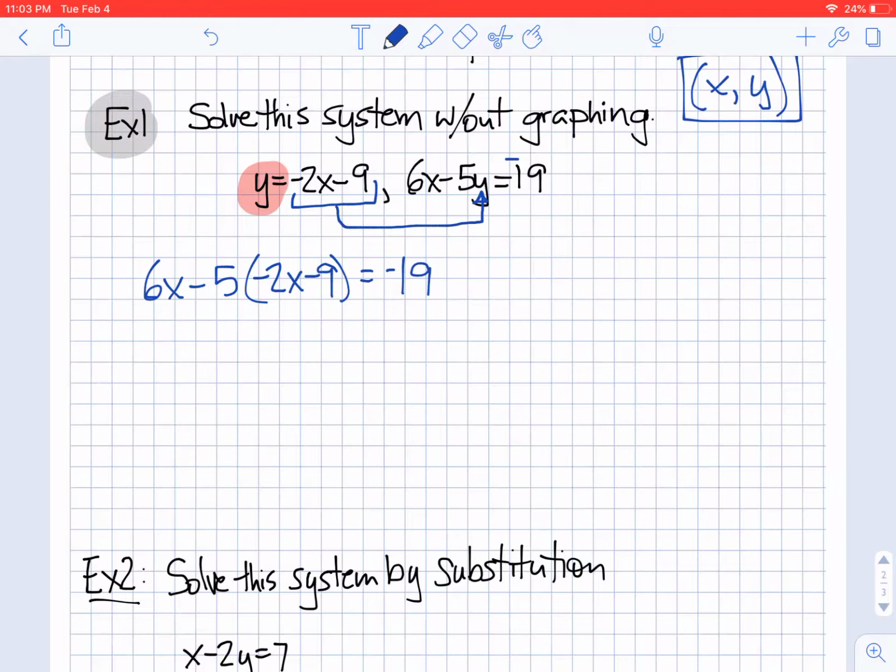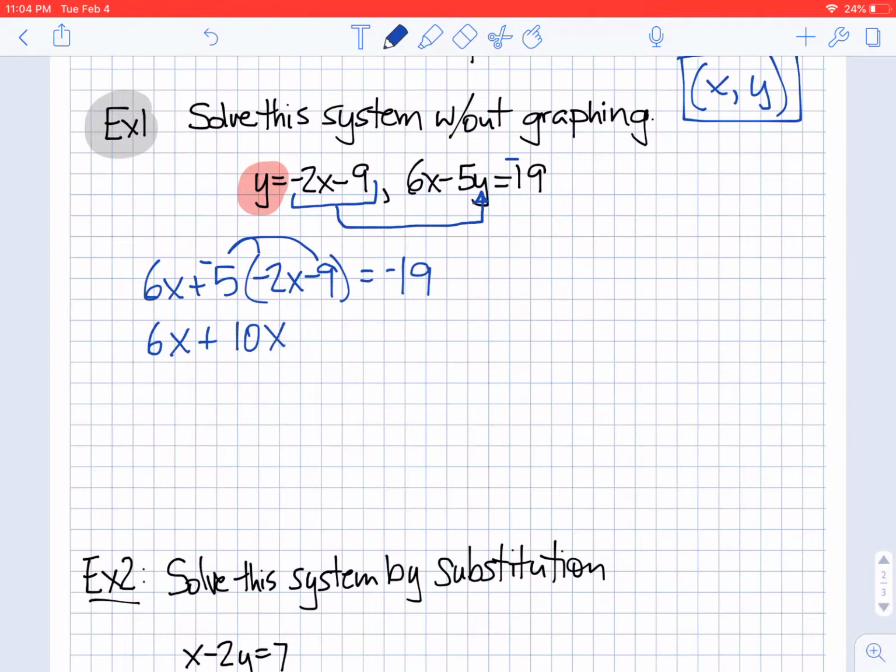Keep in mind, we have a number there in front of the parentheses, and that number looks like 5, but it's actually negative 5. That minus sign switches it for us. So we're going to distribute that negative 5 to both of those terms inside. Negative 5 times negative 2 is 10x.